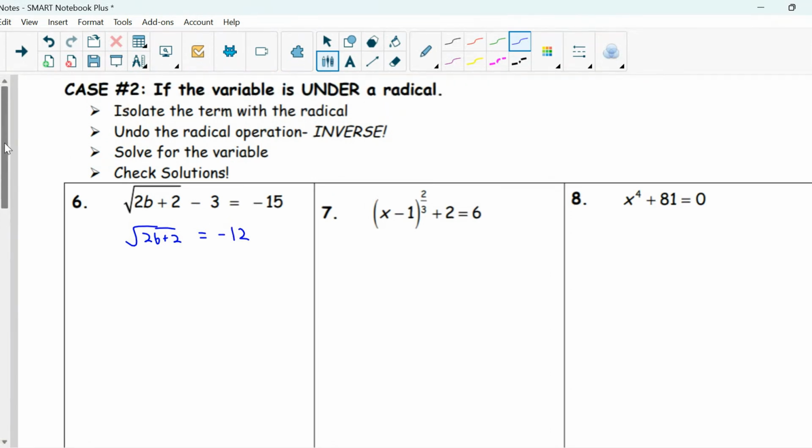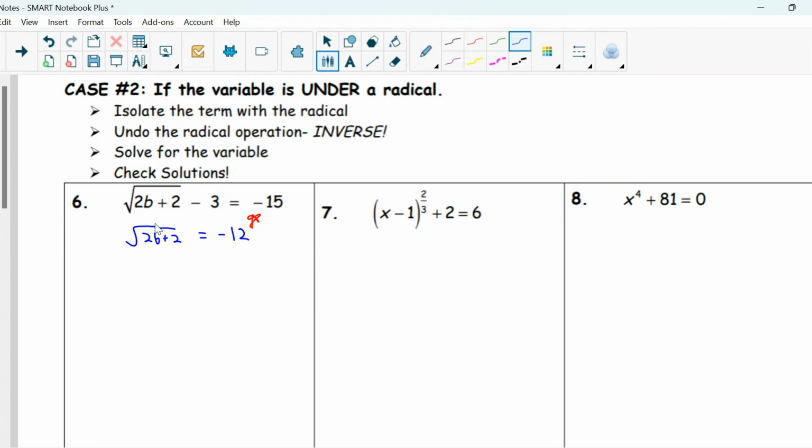Okay, so anytime you see that a square root equals a negative, this should instantly be kind of a red flag for us. But let's continue solving and then just make sure to check our solutions in the end.